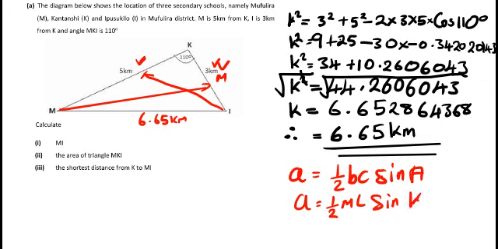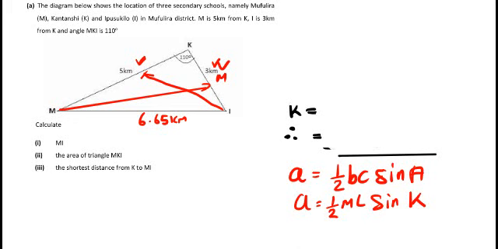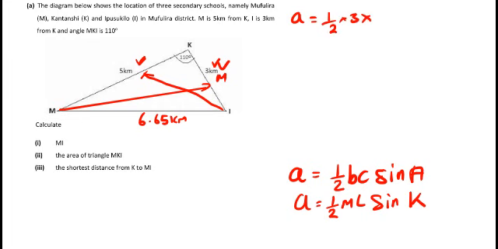And then we reach this point, we are just going to substitute into our formula. Which simply means that our area will be equal to 1 over 2. Our M is 3 multiplied by our L is 5 multiplied by sine our K is 110, like that.